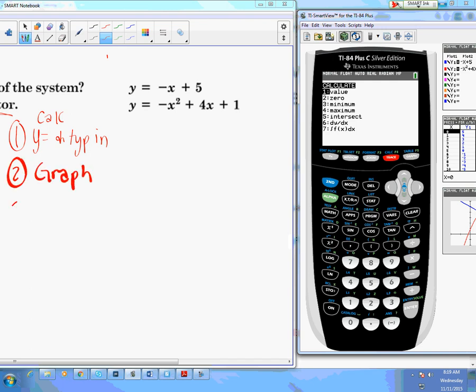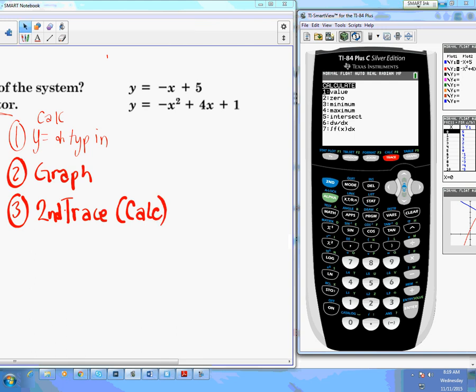And now we're going to go second trace, and let's calculate. And then we're going to select number 5. You can go down to it, or you can just push the number 5. I'm just going to push the number 5.